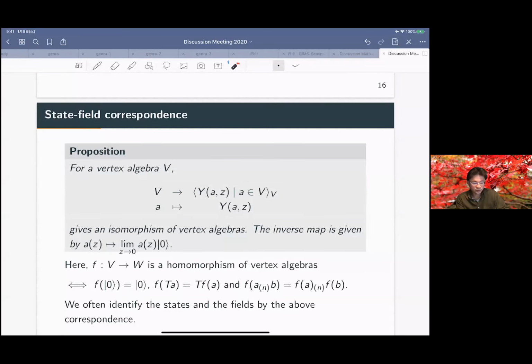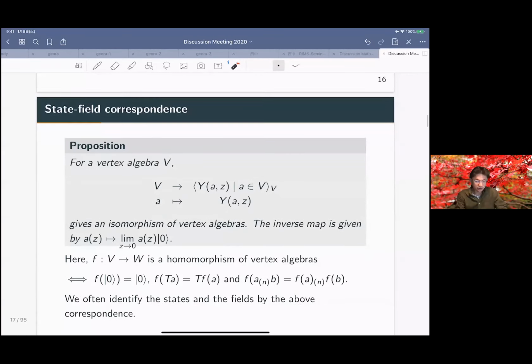I didn't explain what a homomorphism of vertex algebras is, but I think it's clear. If you have two vertex algebras, a linear map is called a homomorphism of vertex algebras if it's compatible with the vertex algebra structure, which means the vacuum vector has to go to the vacuum vector, the translation operator has to go to the translation operator, and it's compatible with the nth product.